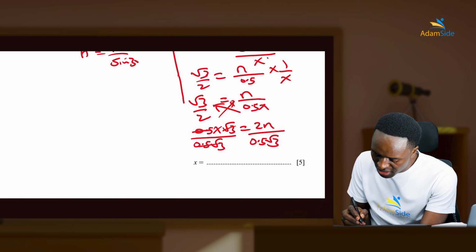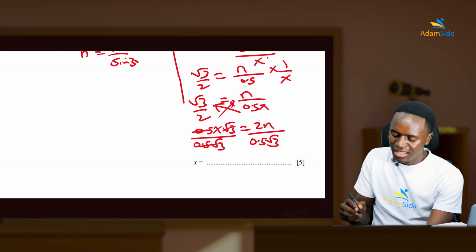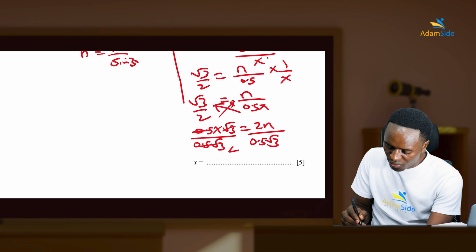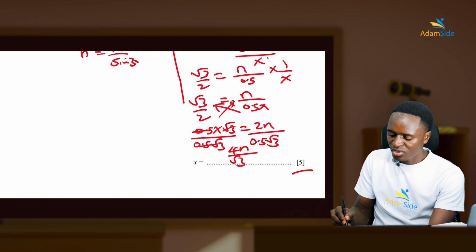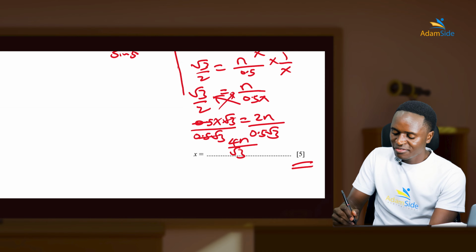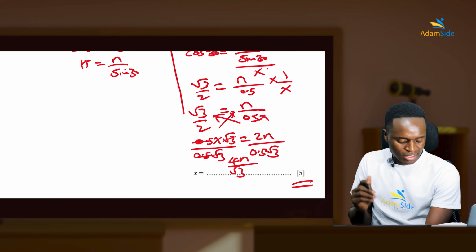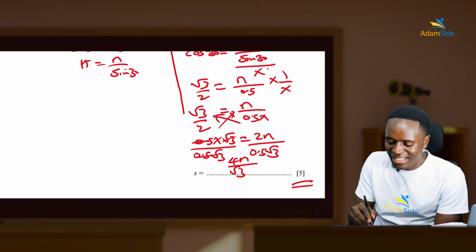So x will be 2n divided by 0.5 root 3. 2 divided by 0.5 is 4, so you get 4n over root 3. That's what you get, and you get your 5 marks.